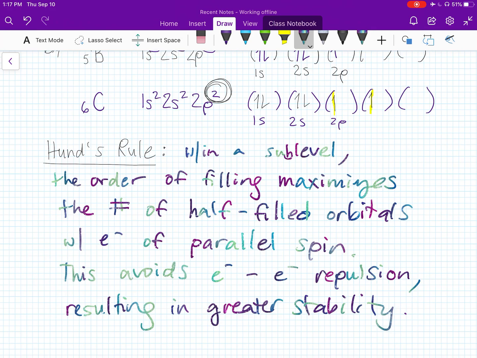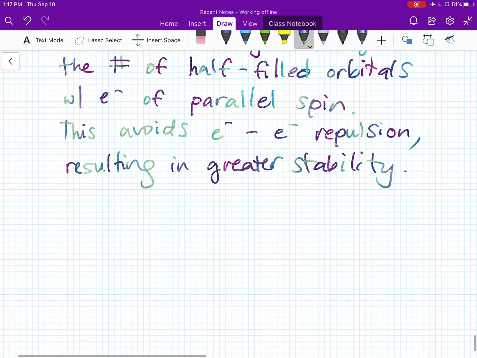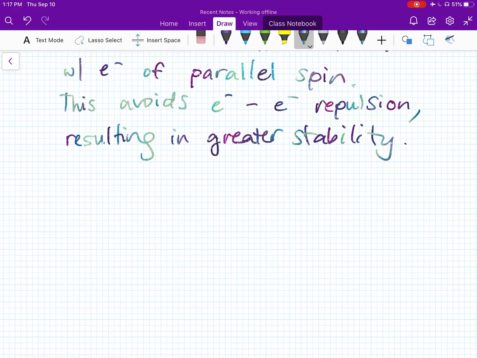So what you want to do when you're drawing orbital diagrams is you want to half fill half of the orbitals first, and then pair up the leftovers. Let me show you another example. Let's do iron. So iron is element number 26. Neutral iron will have 26 electrons.